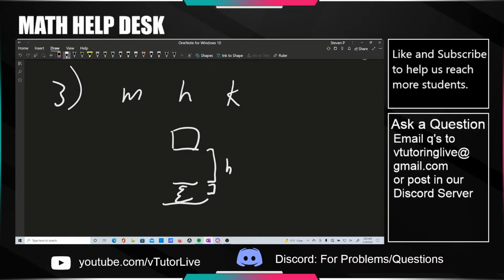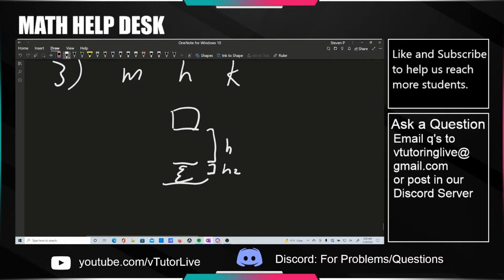There's a little bit more potential energy to be squeezed out of this extra little displacement. Let's call this maybe h2. There's a little bit extra gravitational potential energy to be squeezed out here.